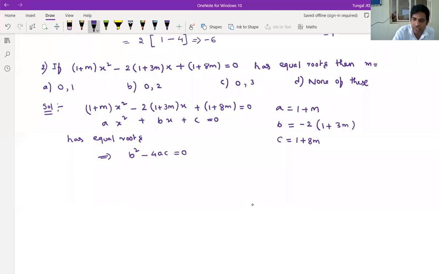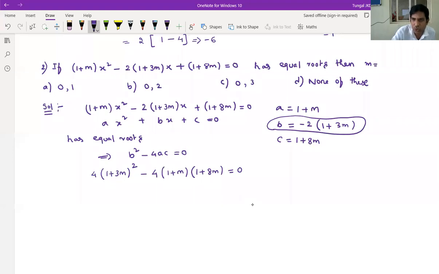Now b square, see, this one square we have to consider. What is b square? Nothing but minus 2 whole square, nothing but 4 into 1 plus 3m whole square. Understood? Minus 4ac, 4 into a value, how much? 1 plus m. c value, how much? 1 plus 8m is equal to 0.